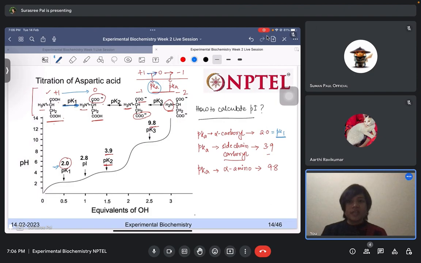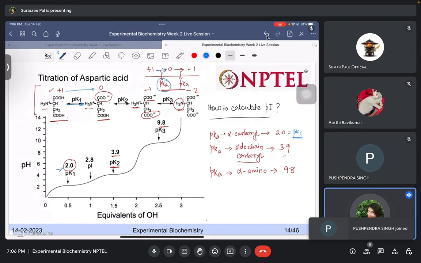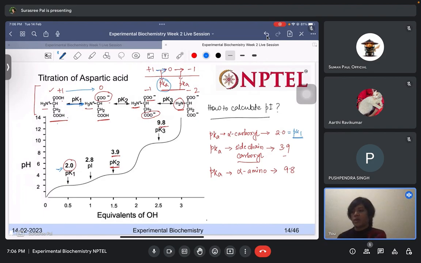Now what did I tell you next? Now the next pK that you have to consider is the pK value which is responsible for changing the charge of the molecule from 0 to -1. Right? So the charge of the molecule, when is it changing from 0 to -1?